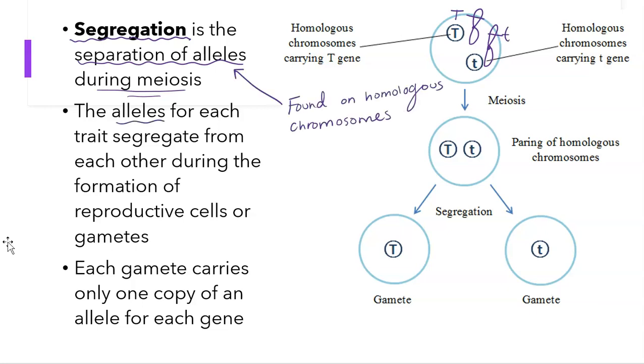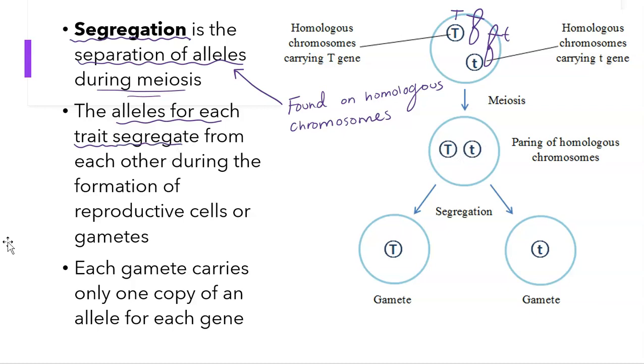So alleles for each trait. We're only looking at one trait here, let's say for height, tall plants or short plants. But for every gene, even color, shape, size, flowers, every gene is separated during meiosis.